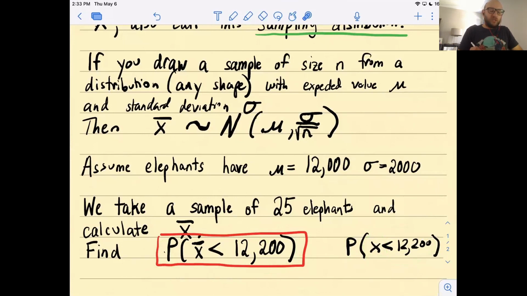So the question is, which one do you think is bigger? The chance that a single elephant is less than some weight, or the chance that the average of 25 is less than it? Okay, I'll get a few more votes. I got a bunch of votes for the right one, that this one is bigger, and a little bit of votes for this one.